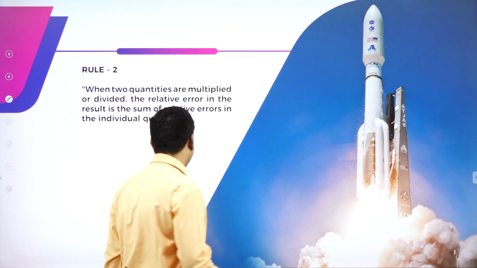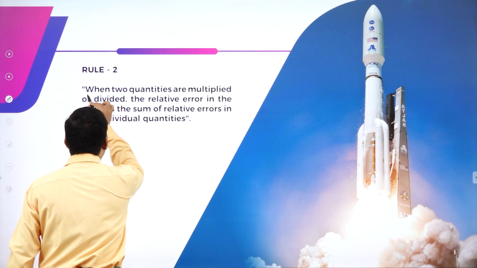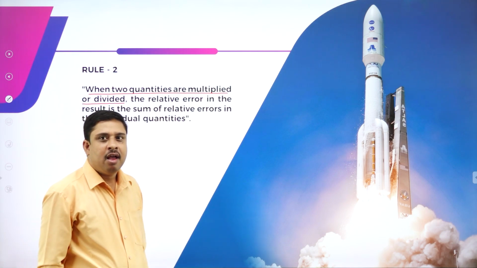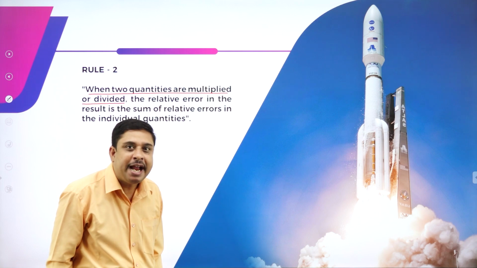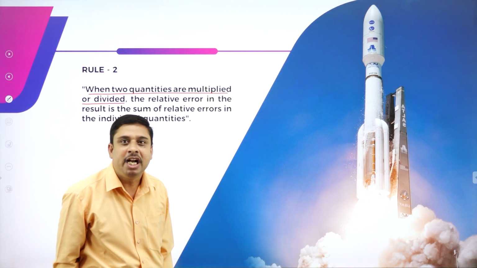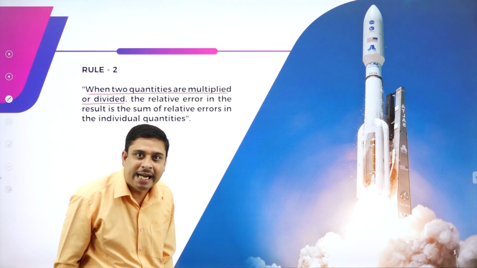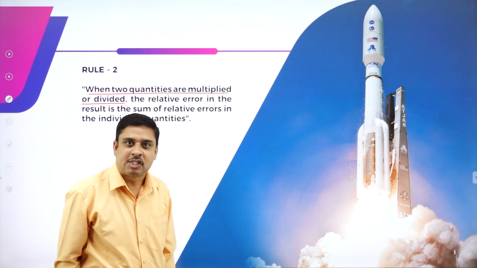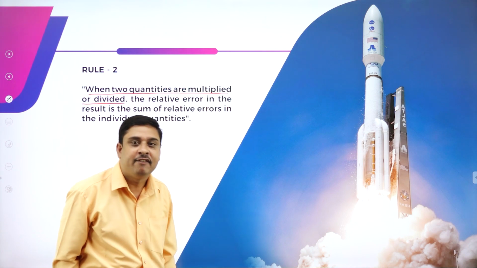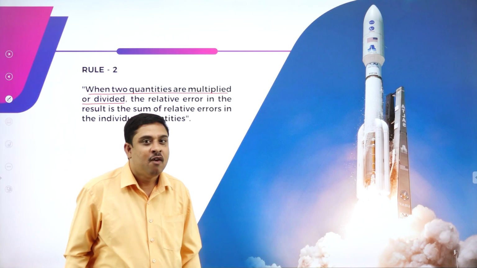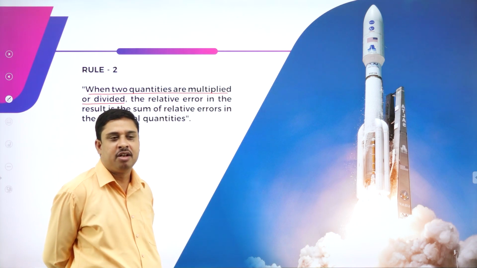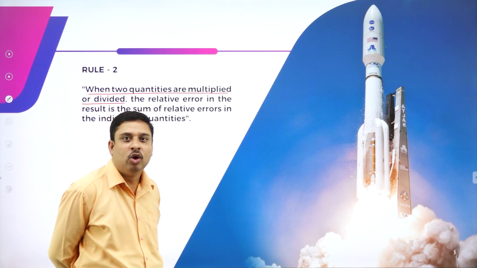Second rule. Rule 2 says, when two quantities are multiplied or divided, the relative error in the final result is the sum of the relative errors in the individual quantities. So my second rule, dear students, is with respect to multiplication or division. First rule was with respect to addition or subtraction.